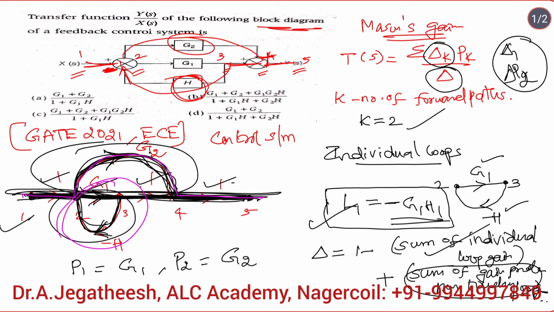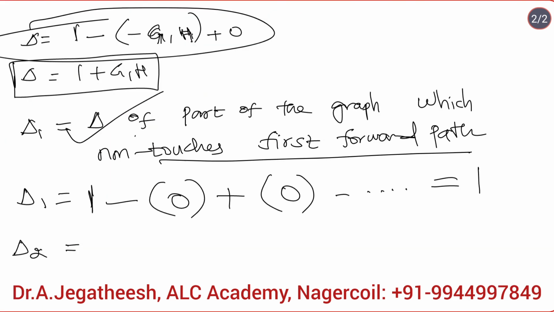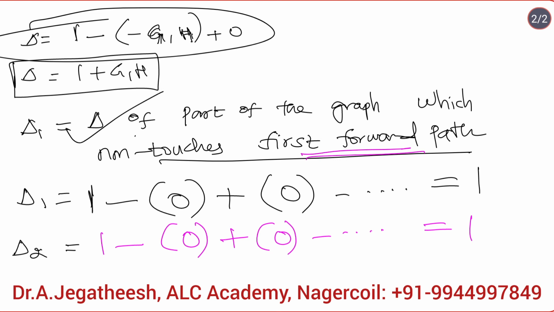This loop is also touching, this small loop is also touching in this place. So you can write 1 minus 0 plus 0, etc. You will get 1. Delta 1, delta 2, both are 1, because you don't have any part of this graph which does not touch either the first forward path or the second forward path. All the paths are touching.